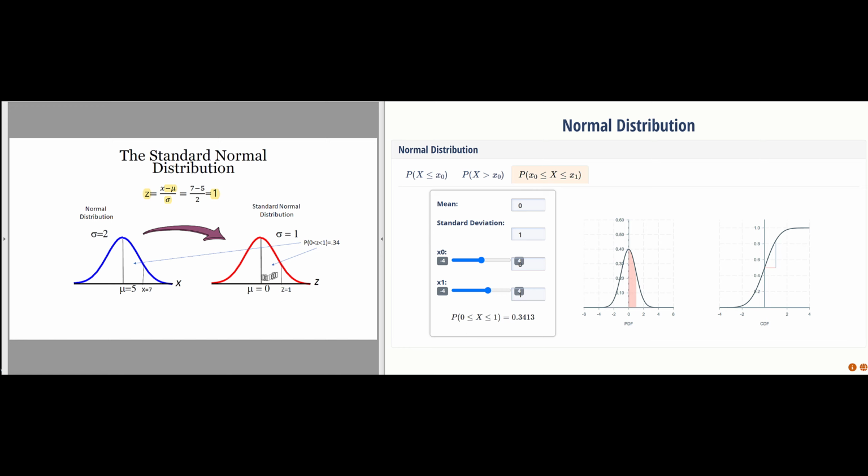Okay, and so the probability of falling within this region that is 1 standard deviation above the mean is 0.34, as shown here. Okay, so that's the idea of the z-score. All you need to do is take your value of x, subtract the mean, divide by the standard deviation, and that will convert into the analogous probability for a standard normal distribution.